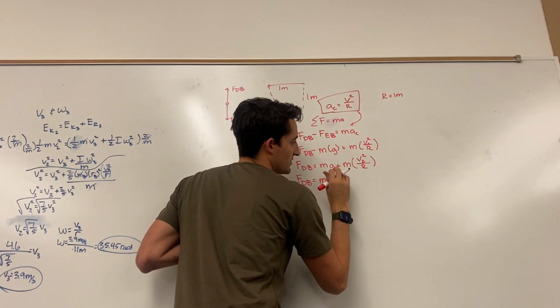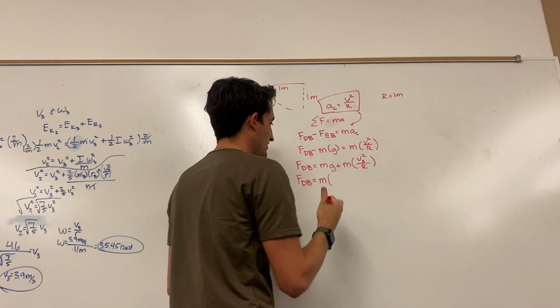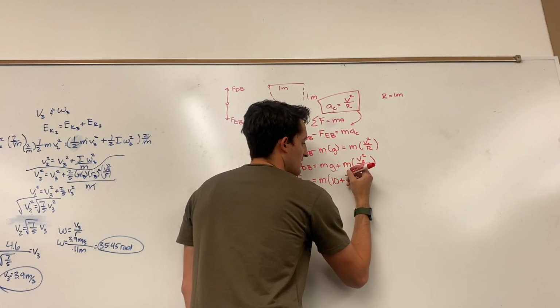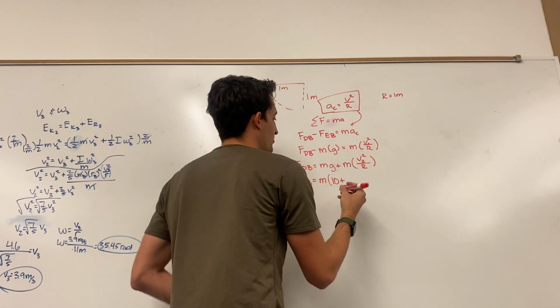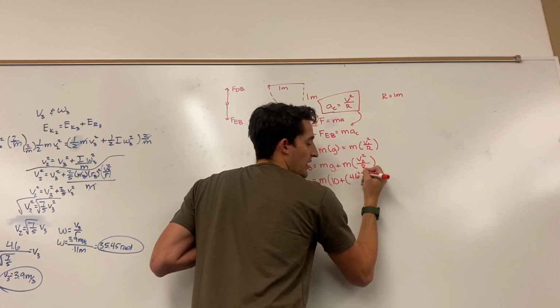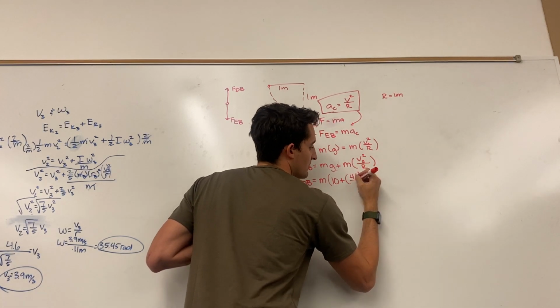So we have the mass, we just pulled that out. We have gravity, which is 10, plus this right over here, which is going to be 4.6. You can notice that 4.6 squared divided by the length, which is just 1.